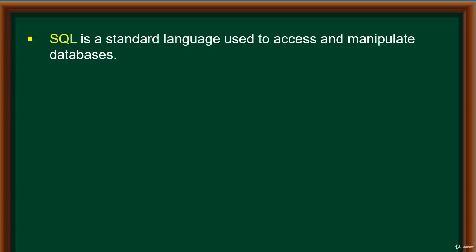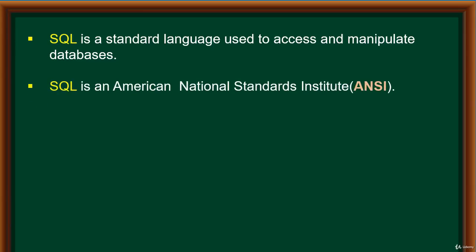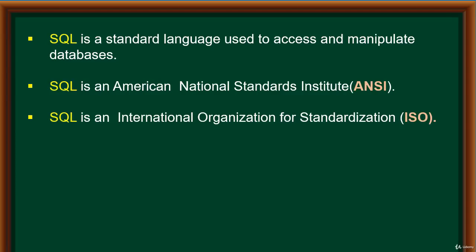SQL became a standard of the American National Standards Institute, which is also referred to as ANSI. It became a standard in 1986. It also became an International Organization for Standardization standard in 1987, which is referred to as ISO.